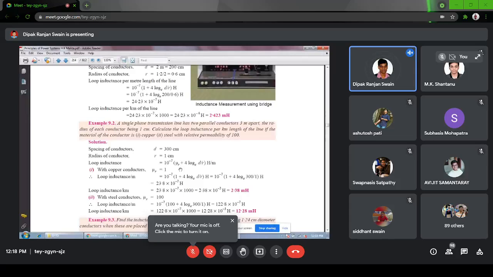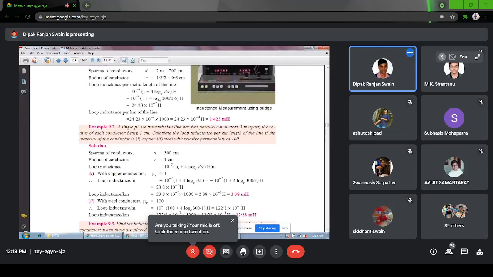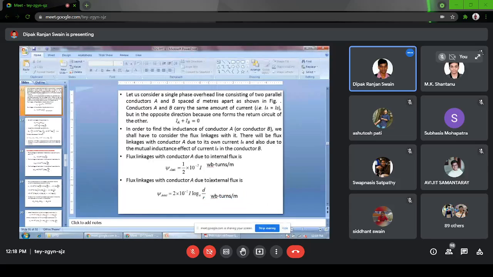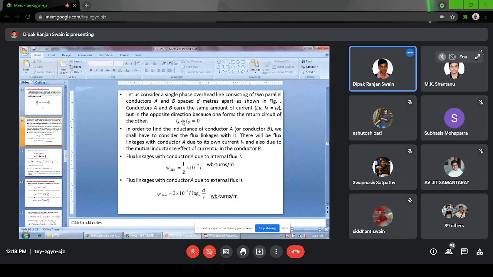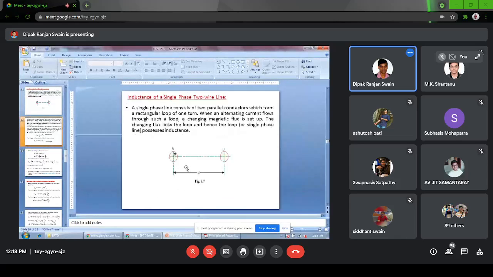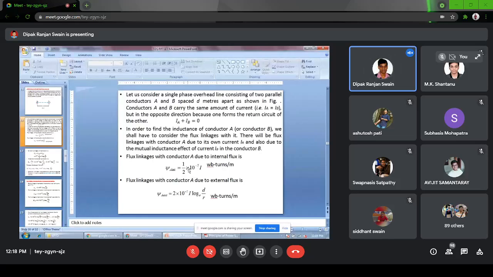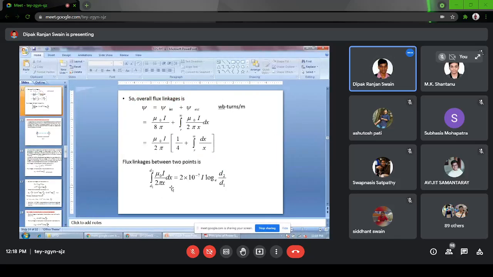Okay. So wherever the mu terms were there, here mu 0 I into 2 pi, this was the formula.